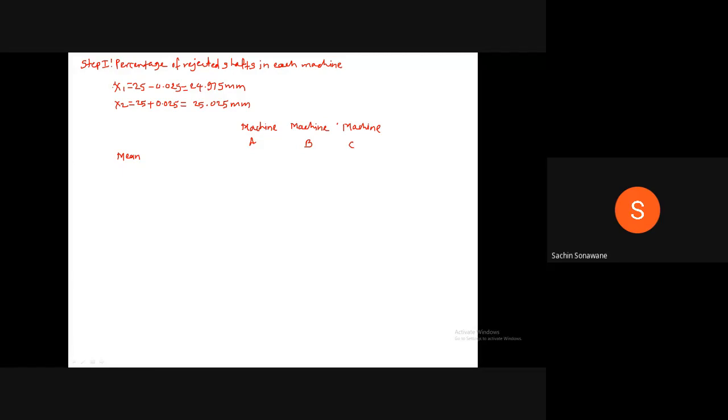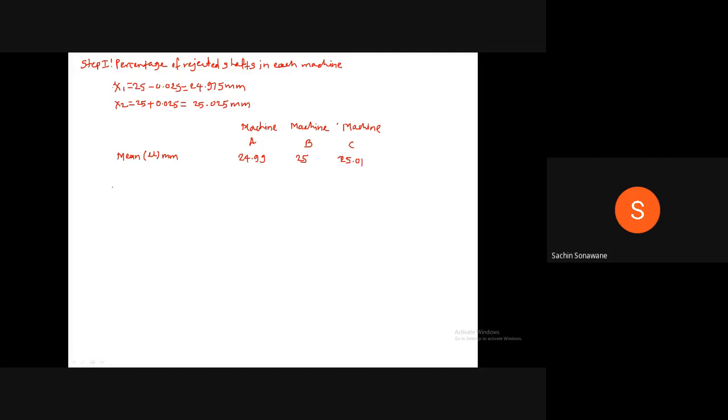Write down the table with me. Mean mu is in mm. Now, all the three values of mean they have provided. Therefore, 24.99, then here 25, and then for C it is 25.01.